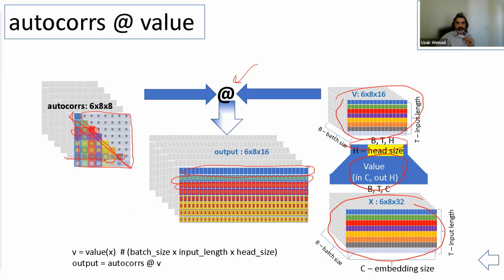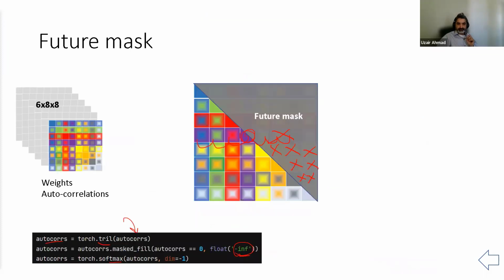The third word depends on all previous words. The fourth, fifth, and last words depend on all previous words. We pass the inputs through value, we get that V, and multiply it with the autocorrelations, and this is the output of the SA head block. We will go back to code now.